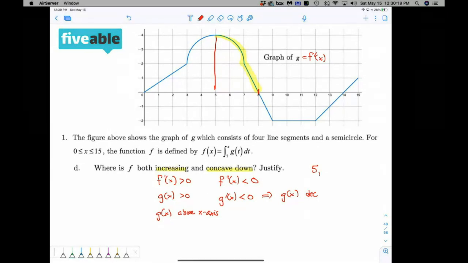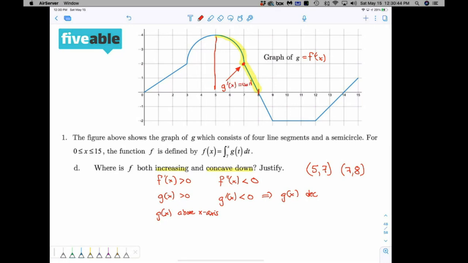Now, I personally would want to say that we've got to take a break at 7 just for a second. Okay, so from 5 to 7, but then again, start at 7 and go to 8. And the reason I like that answer instead of just 7 to 8 is because at this point right here, what we know about this is that g prime is actually undefined.